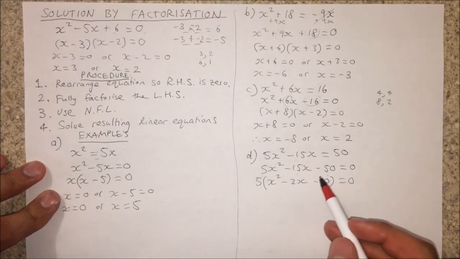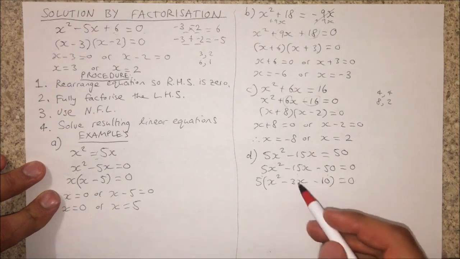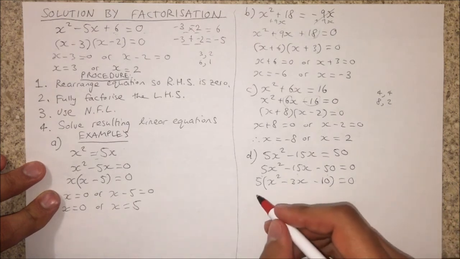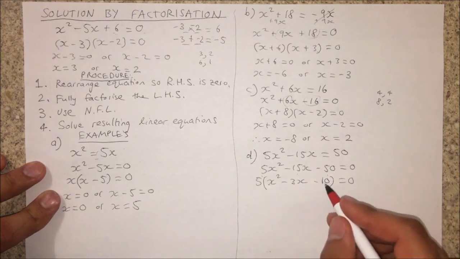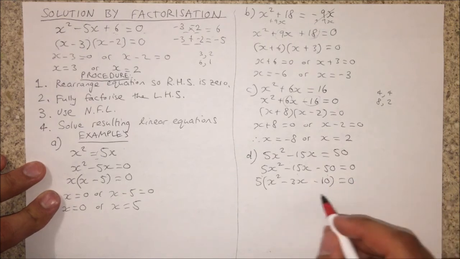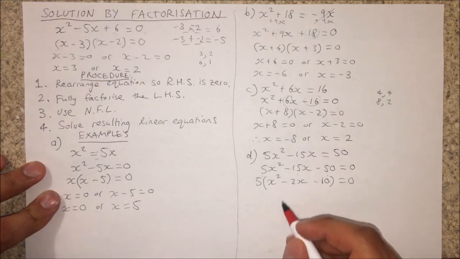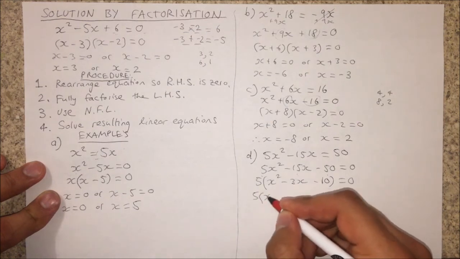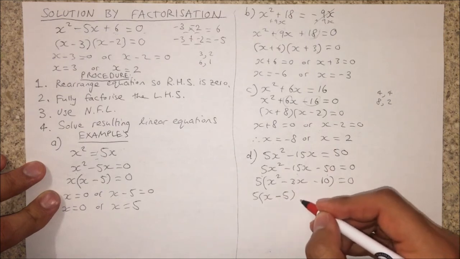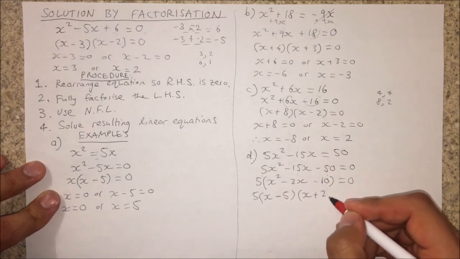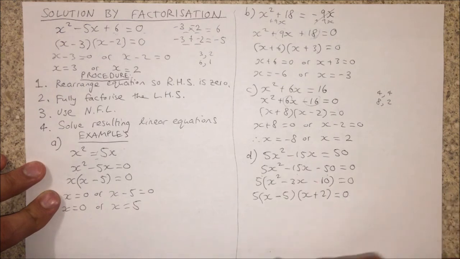So two numbers that multiply to give us negative 10 and add to give us negative 3. So two numbers that multiply to negative 10 are going to be 5 and 2, and then it's going to be negative 5 plus 2 to give us negative 3. So 5 lots of x take 5, x plus 2 equals 0.